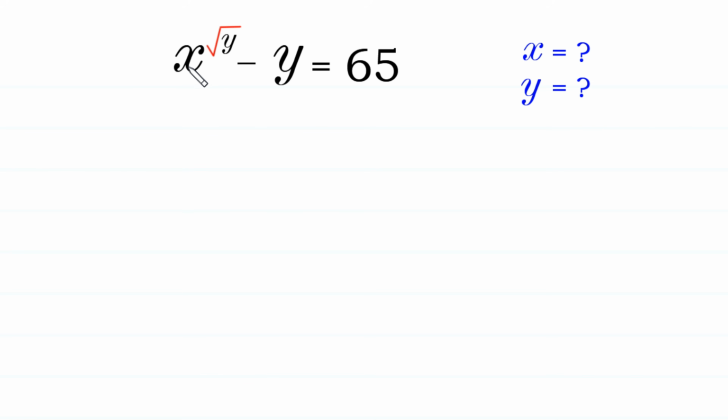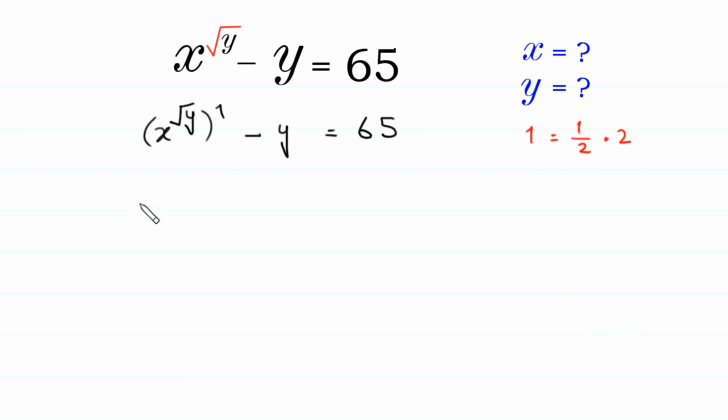This x to the power square root of y has power 1 here, minus y is equal to 65, and this 1 is equal to 1 over 2 times 2.